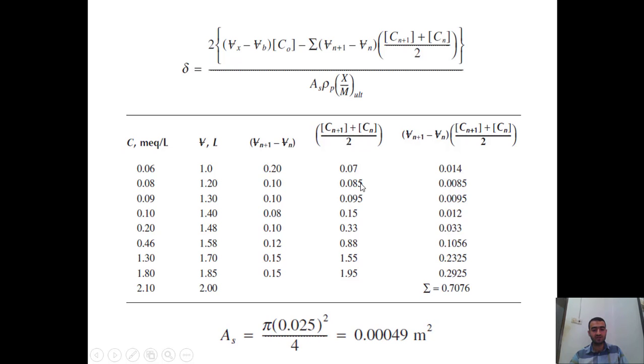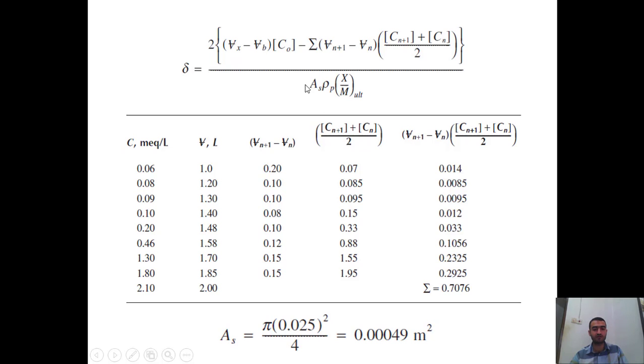And here is 0.09 plus 0.08 over 2, which is 0.085, and then you can continue the whole column as presented. And the last column is the final product of the summation. Just multiply those values and then make a summation. Once we have the summation, we can continue and solve the equation.